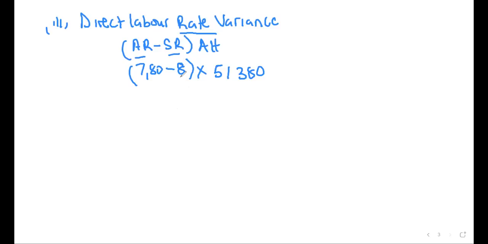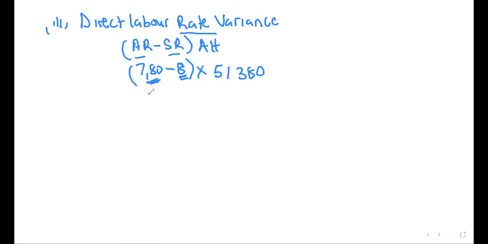The rate is 8 Rand, but we spent 7 Rand 80 as our rate. Yes, it's going to be favorable because we spent less than what we were supposed to spend. That's how you look at it. We budgeted to use 8 rand, then we spent 7.80, which means it's favorable.